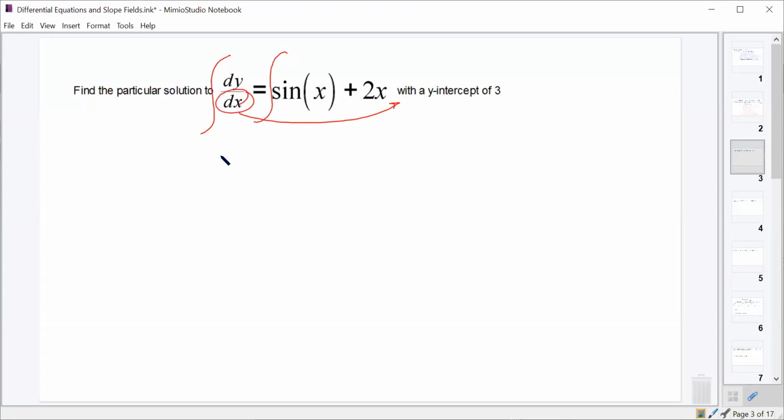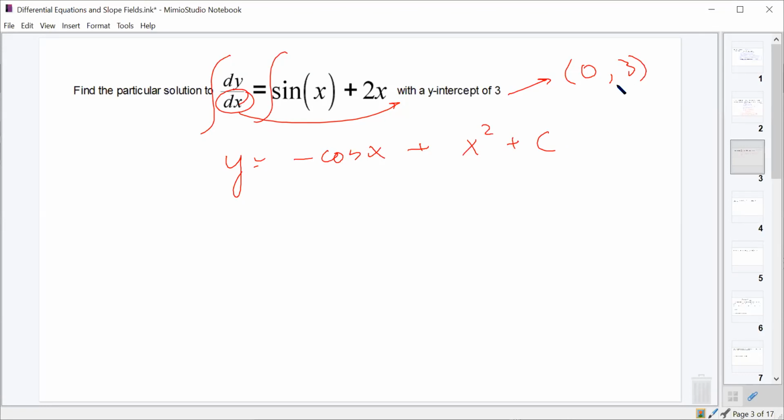So that just gives us y. What's the integral of sine x? Negative cosine x. And the integral of 2x? X squared. Plus a constant. Our initial condition is 0, 3, because that's a y-intercept, right?